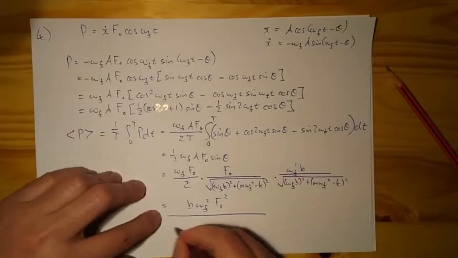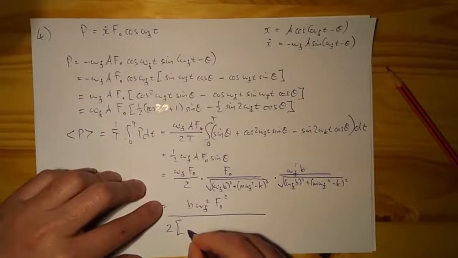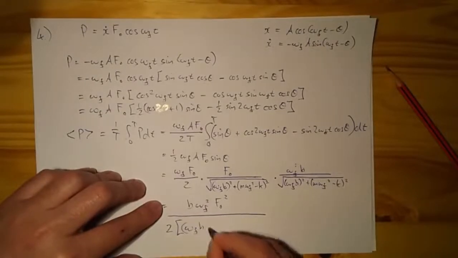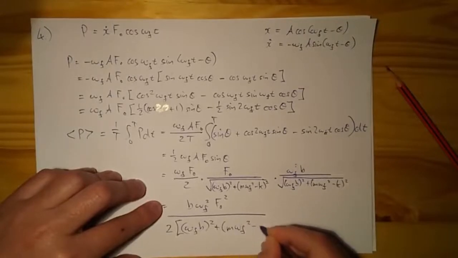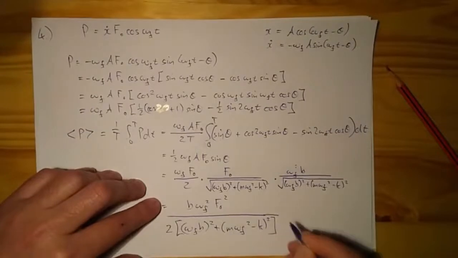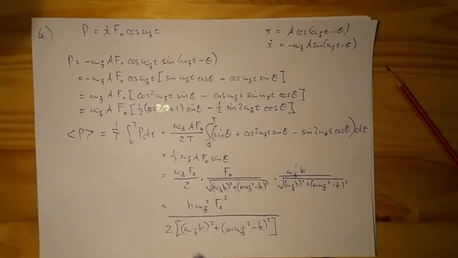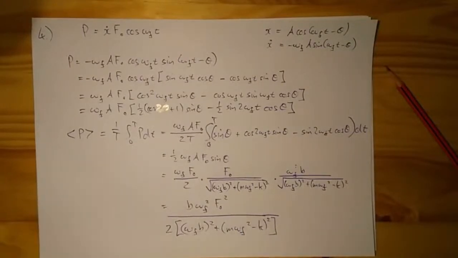I'll leave that to you. That is simple enough to do. Let's just write this as omega f b squared plus m omega f squared minus k squared. Good. Okay, and then you can take out the m common factor, and then you get exactly the expression that the question asks for.